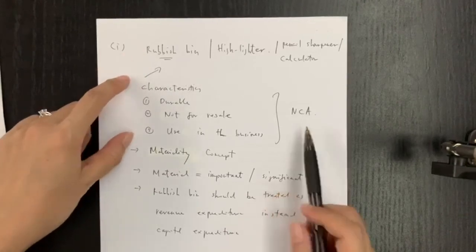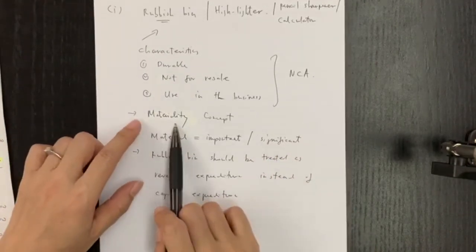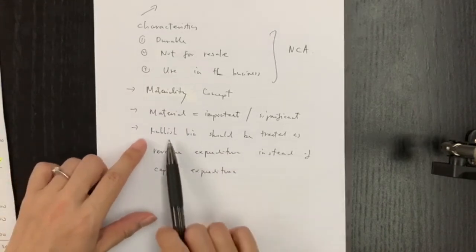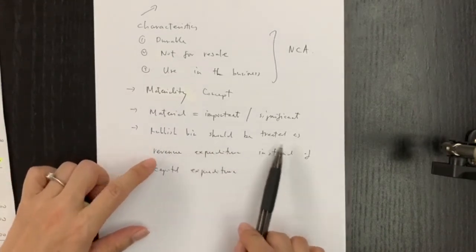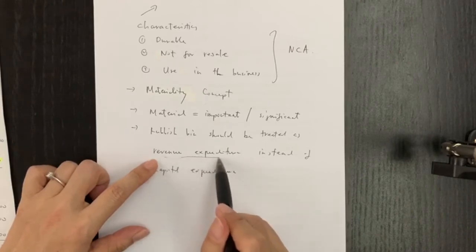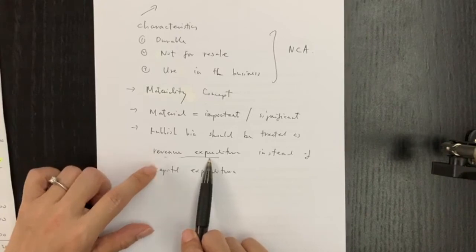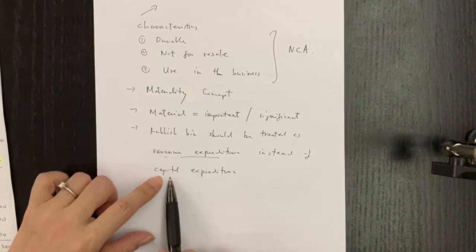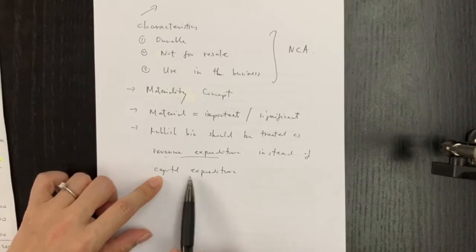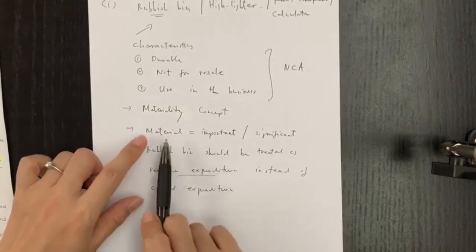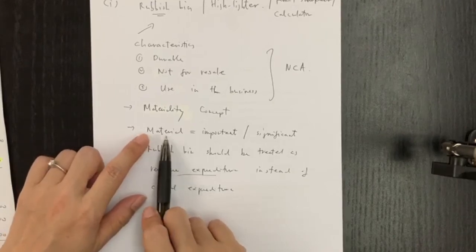But in this situation, according to the materiality concept, now this is new to you. So how should we treat the rubbish bin? It should be treated as revenue expenditure. That means we put that in the income statement as a kind of expense, instead of capital expenditure. It should not be a kind of non-current asset because it is not important.